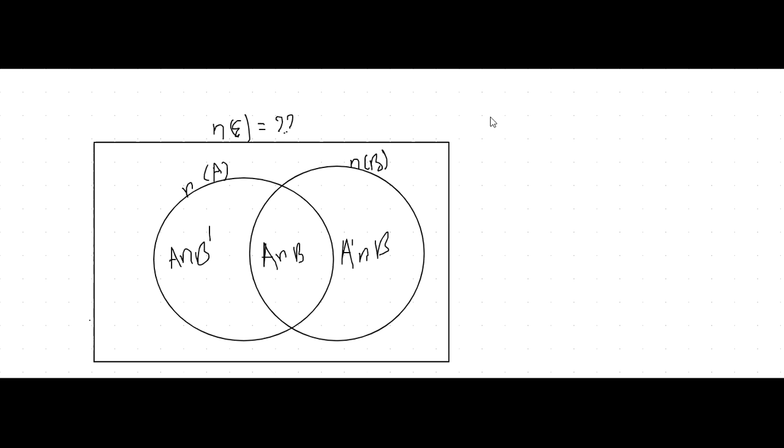Then how do we call the area outside the two circles, but inside the universal set? A union B complement.